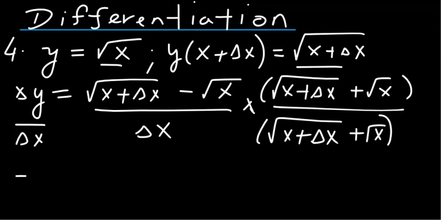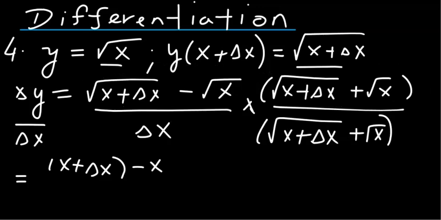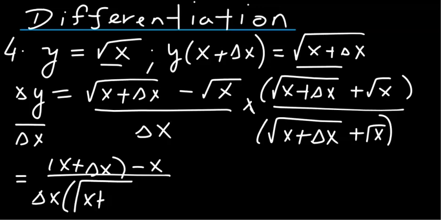The numerator of this ratio will reduce into x plus delta x minus x. So that is this term times that term over delta x times square root of x plus delta x plus square root of x.